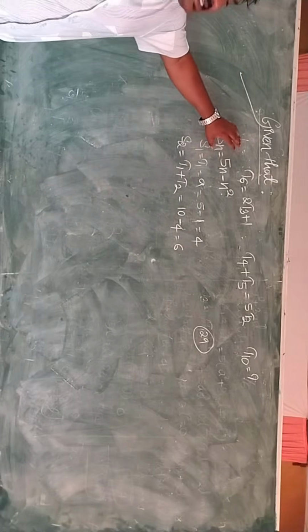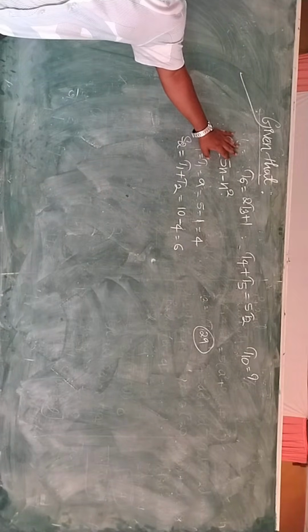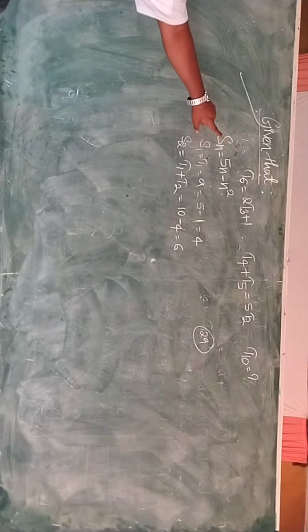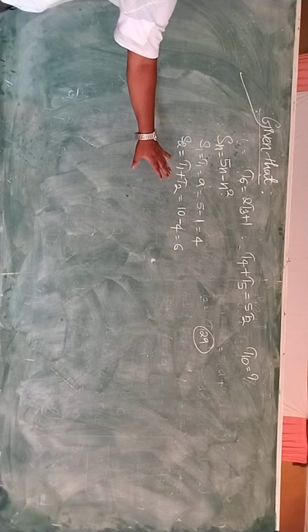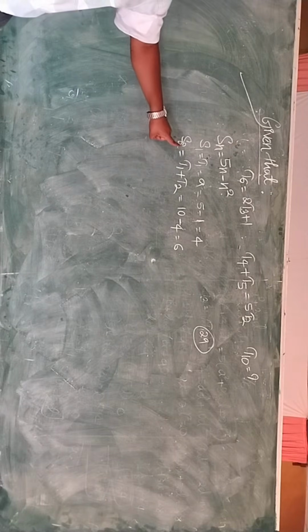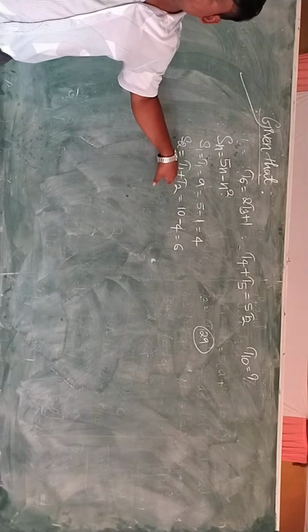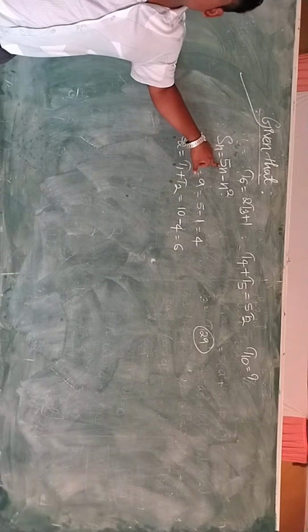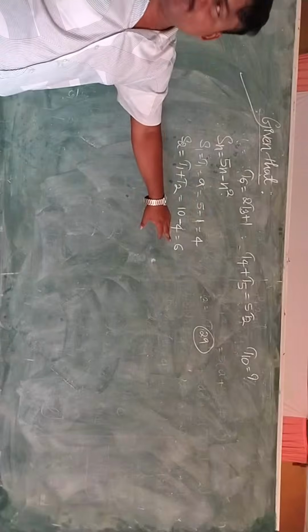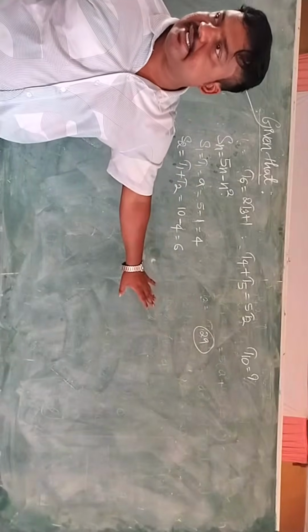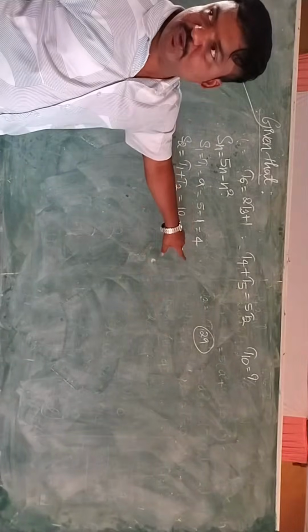So given is Sn. If you substitute n as 2, you will get the sum of first two terms, not only the second term. So S2 is equal to T1 plus T2, which is 6. But the first term we already know is 4.